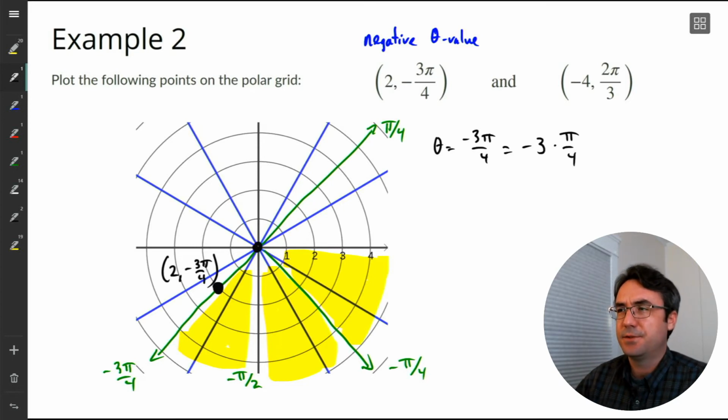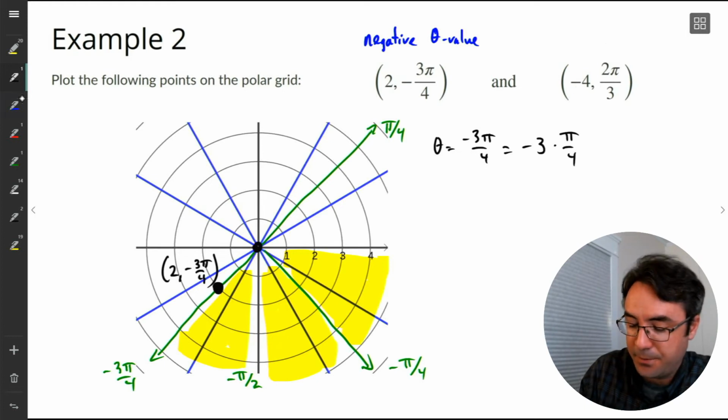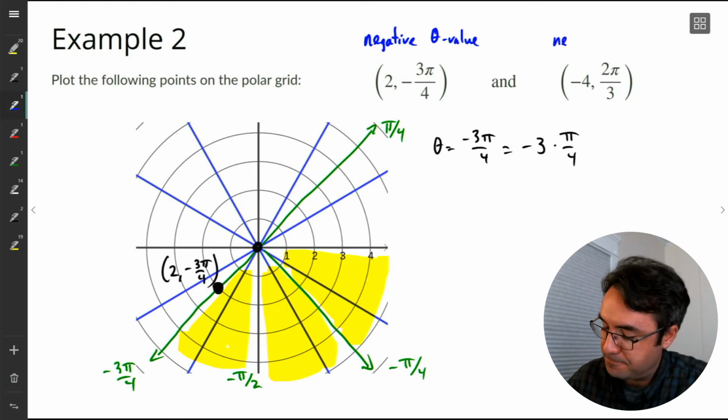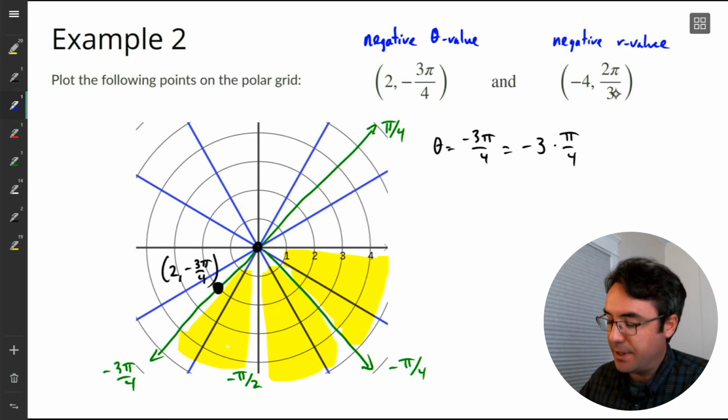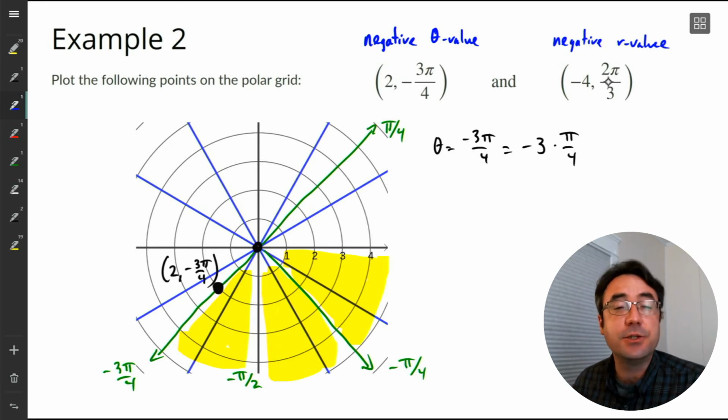All right, let's try the other one. Now here we have a negative r value, so we're going to see how to handle that. All right, so first of all, we want to identify the angle 2 pi over 3. Where does that fall on our polar grid here?